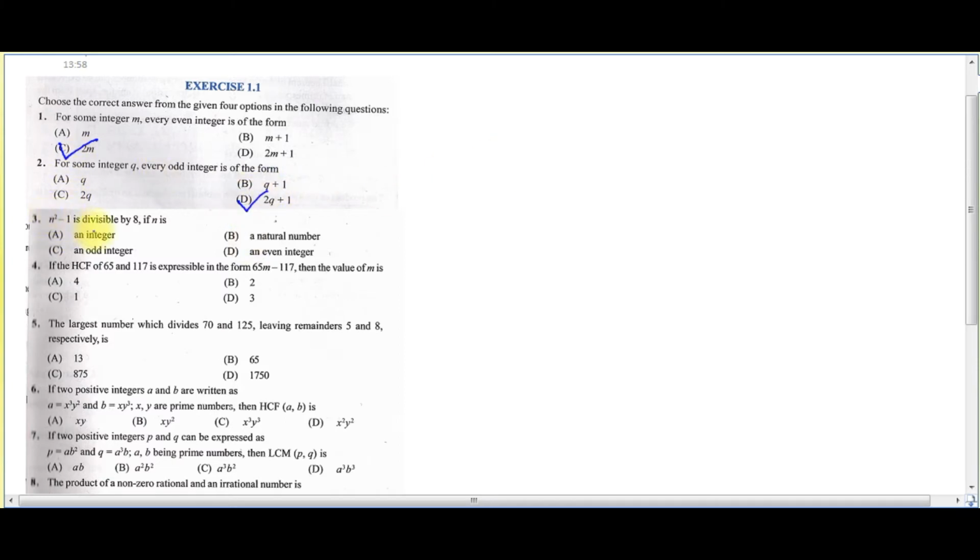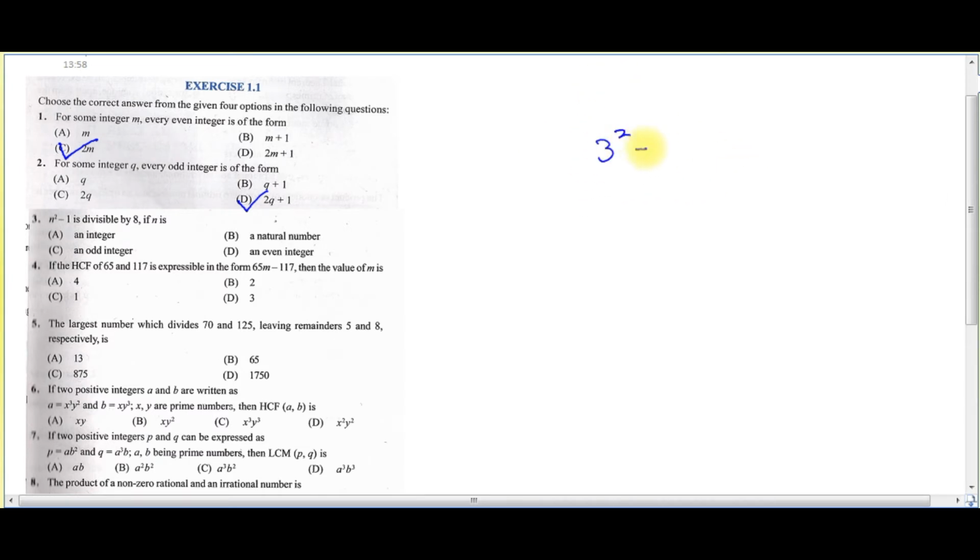If n squared minus 1 is divisible by 8, then n is what? Now we take some values in place of n. 1 squared minus 1 is 0, which is not equal to 8, so it's not possible. Okay guys, it's just a trial-and-error, cross-checking method. Next, 2 squared minus 1 is 4 minus 1, which is 3, not 8, so this is also not correct.